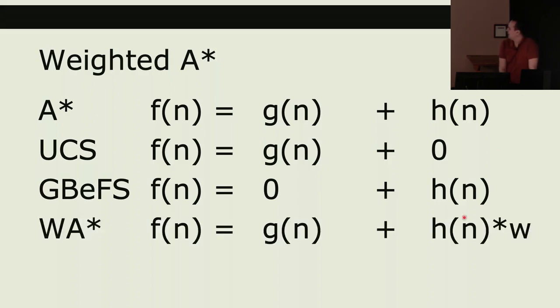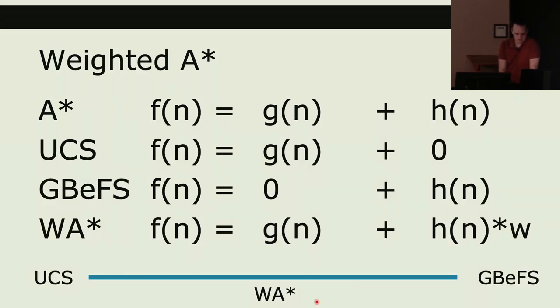Weighted A star puts a weighting on the heuristic. So this is A star when we have this equal to 1, right? As our weight approaches 0, weighted A star approaches the behavior of uniform cost search. As our weight approaches infinity, it approaches the behavior of greedy best first search.